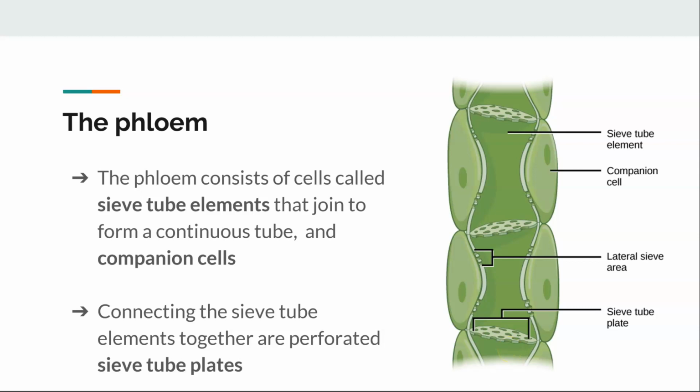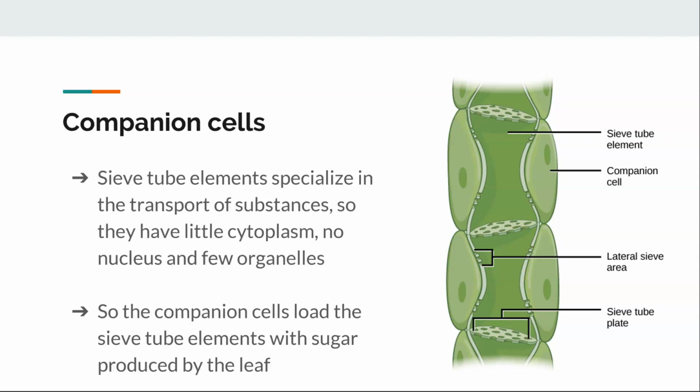Next to sieve tube elements are what's called companion cells. So for each sieve tube element, there's going to be a companion cell. What do the companion cells do? Well, the sieve tube elements, the guys that make up the long tubes, they specialize in moving substances, so they're made for transport.